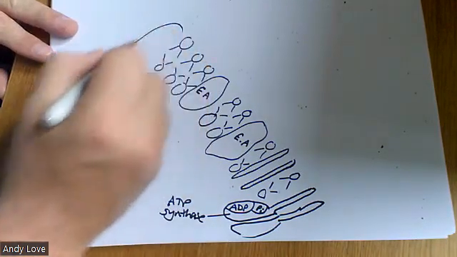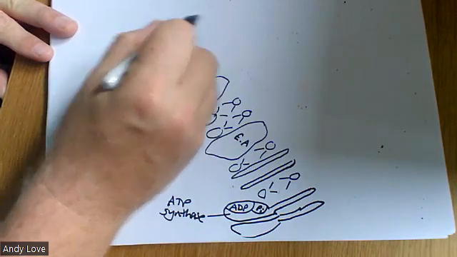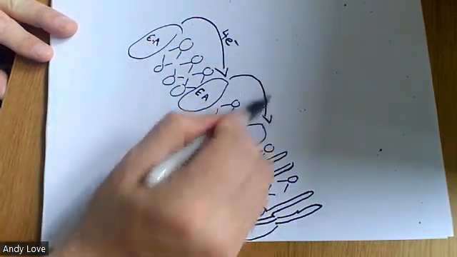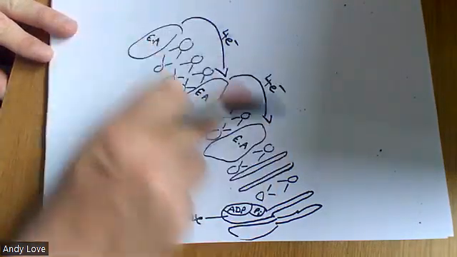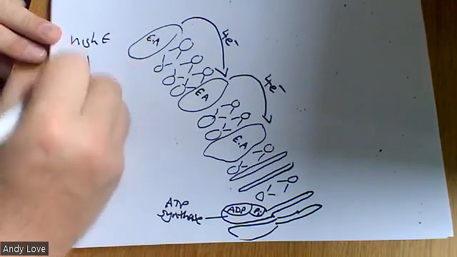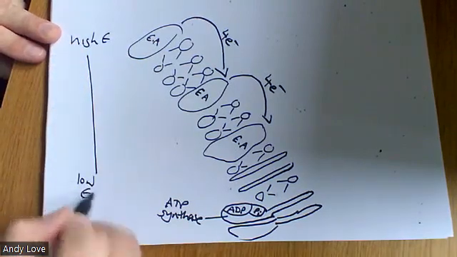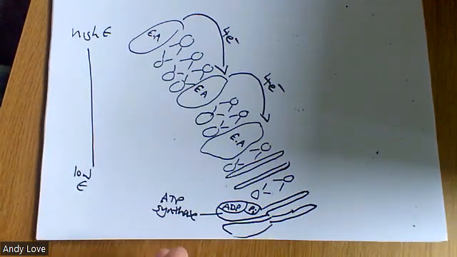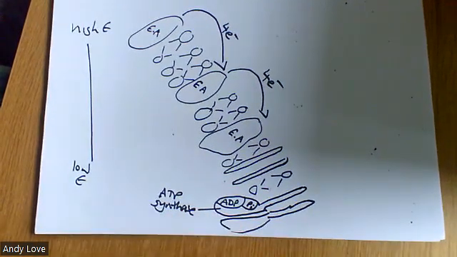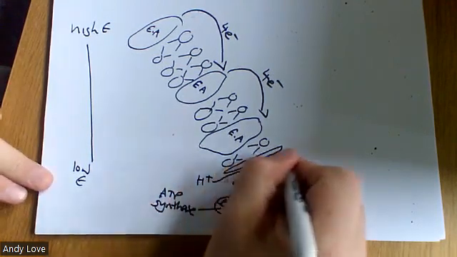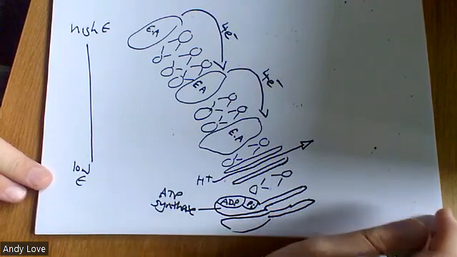So as the electrons move down, we know that energy is being transferred because it's going down from high energy to low energy. So we know the electrons are transferring energy now. What are they going to do with this energy? Well, what they do is they pump hydrogen ions across the membrane.